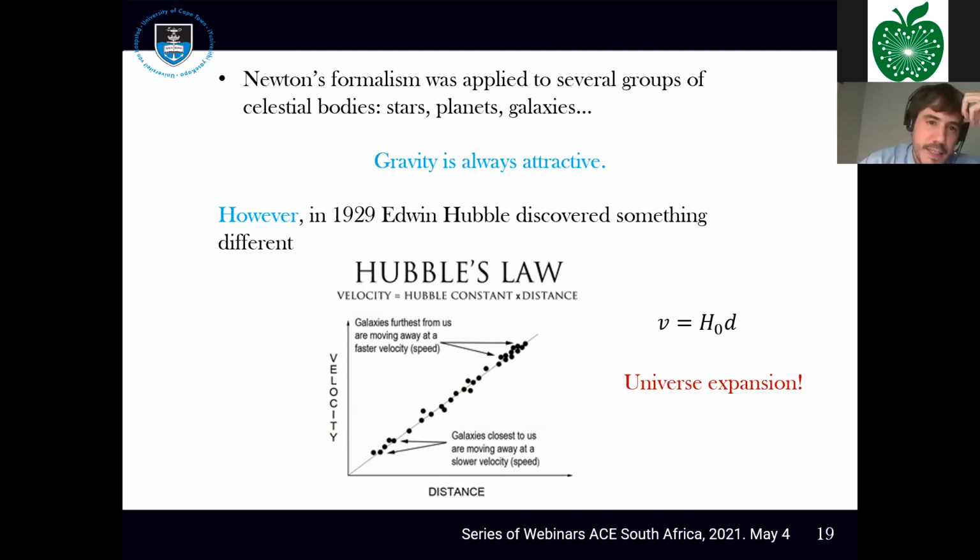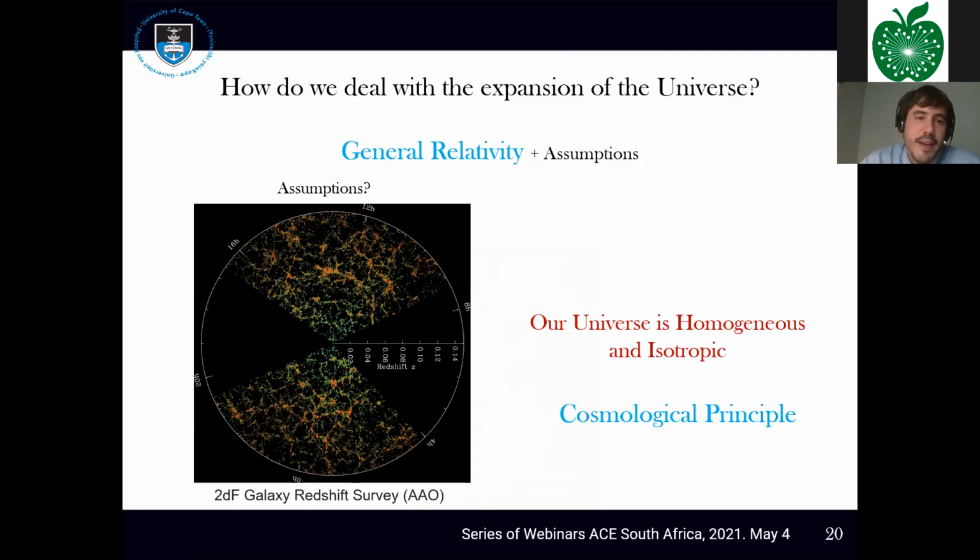So we had the result by Newton, but in 1929 it was observed that the universe is expanding. If we want to explain an expanding universe, the question is, how do we deal with the expansion of the universe?